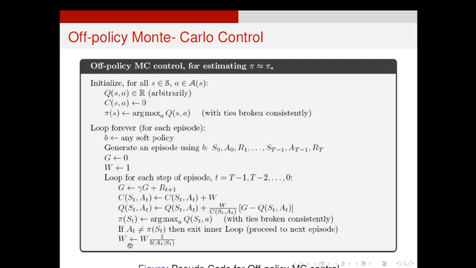If it is true, then we update the weight by W times 1 by B of AT given ST. This is actually our epsilon soft measure that we calculated in the previous slide, B of AT given ST. So the weight is updated. Then we go to the next state. We repeat this. Through this process, it creates a weighted sum of those actions which are matched with the original policy action.